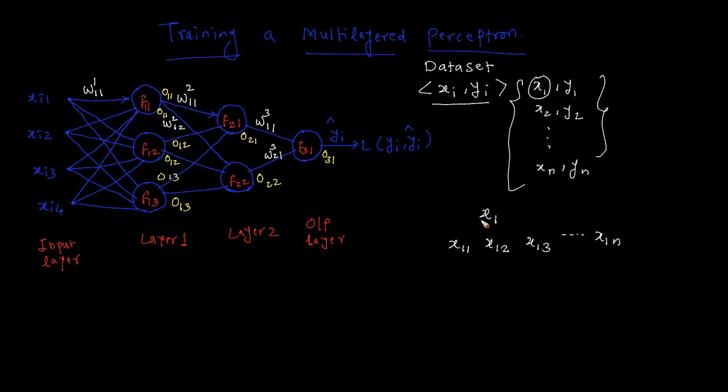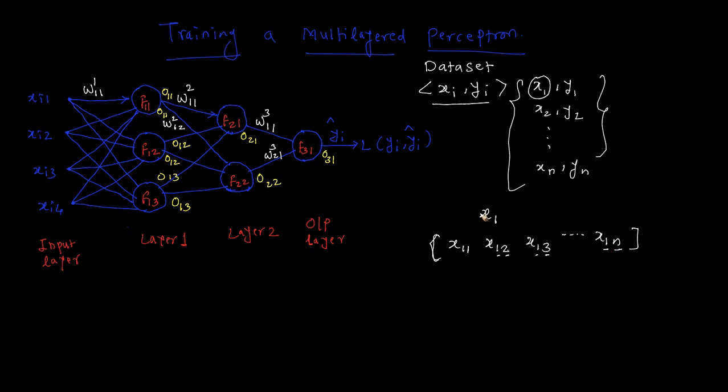So this input x1 has, let's say, n features or n dimensions. I am writing x11 to mean the first feature of input 1, x12 the second feature of input 1, x13 the third feature of input 1, and likewise x1n the nth feature of input 1.